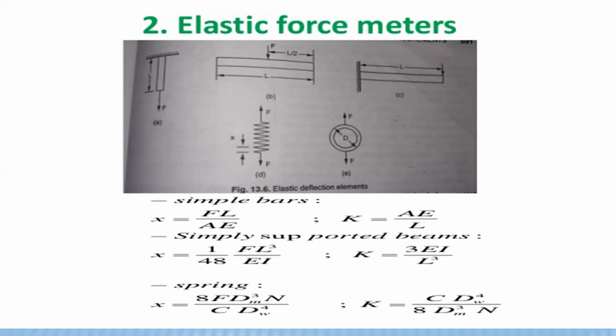The material deflection constant is defined by K equal to F by X. The symbols have their usual meanings. X is equal to FL by AE for simple bars, and K is equal to AE by L.